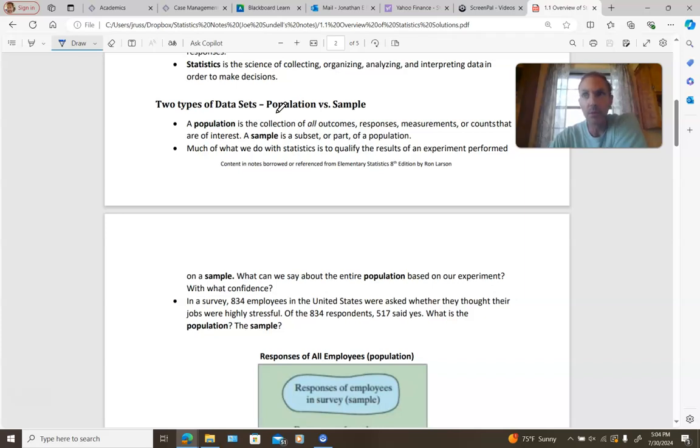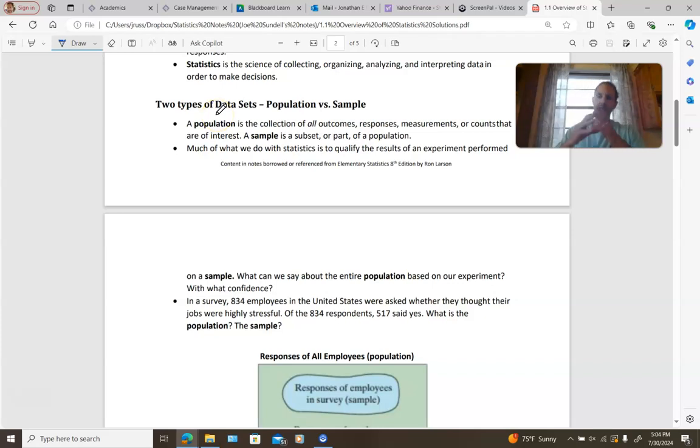When they do presidential polling, they're trying to get an idea of how the population feels about a specific presidential candidate. Well, unfortunately, we cannot poll every single individual that's going to vote in the upcoming election, whenever that may be. So what we typically do is we take a sample of the population.